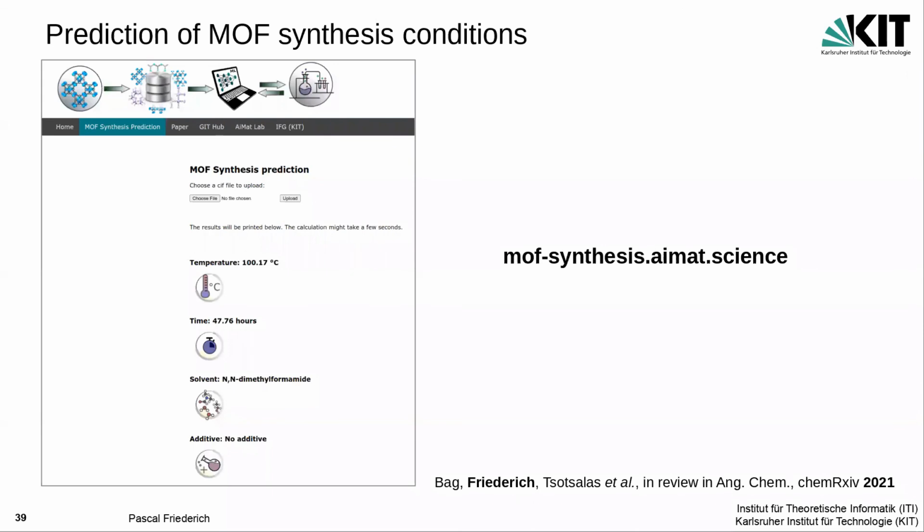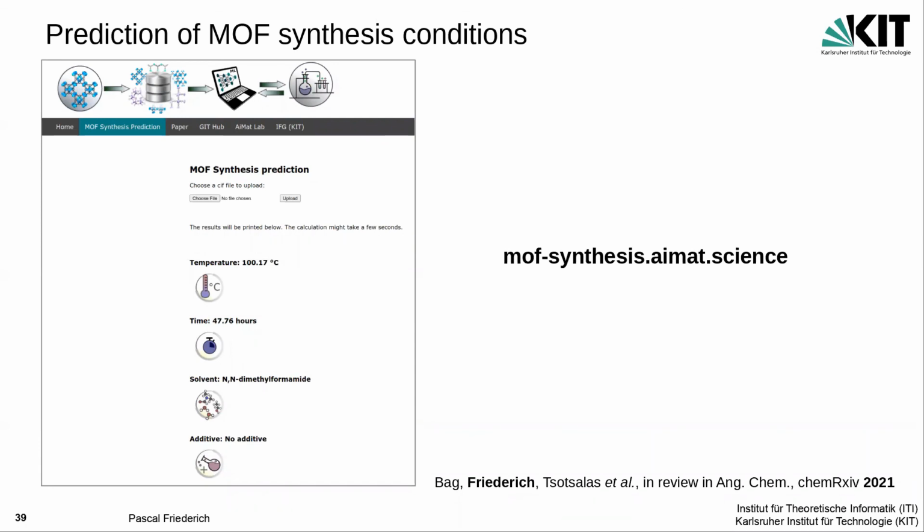The machine learning models will be predicting the temperature, time, and so on, and it will tell you what is the ideal synthesis conditions for this desired MOF. And this is exactly what we are also now doing in the lab. In Manuel Zazala's group, we use the tool to predict synthesis conditions for MOFs and test this out, how well it actually works as a first guess.